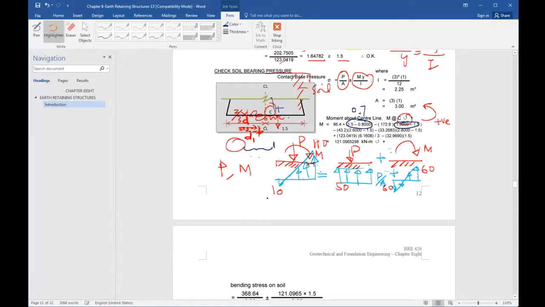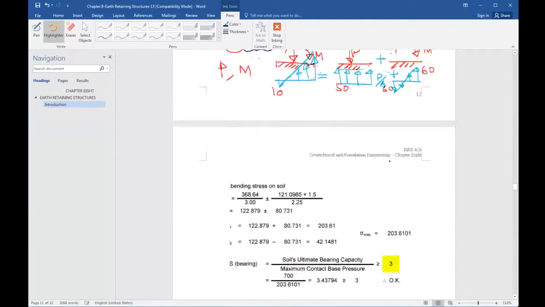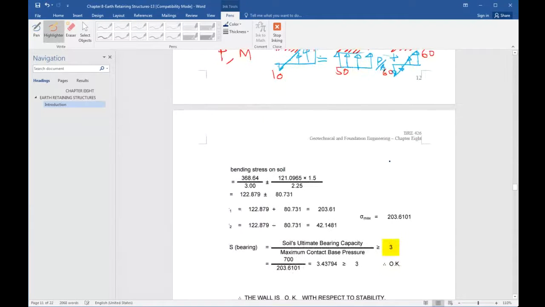So eventually, for all the other elements, you can work out 121.09. You can see it's positive. In other words, it should be anti-clockwise. So that's the M, right?